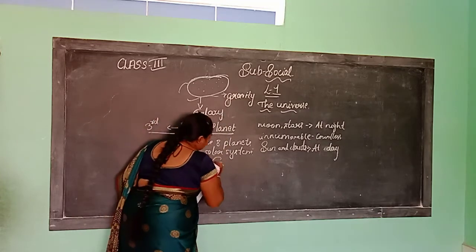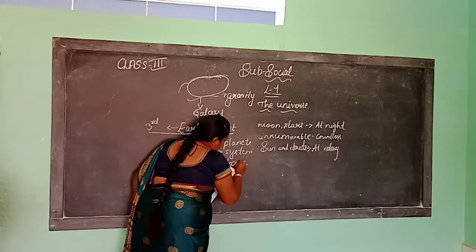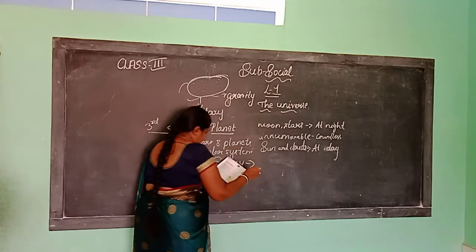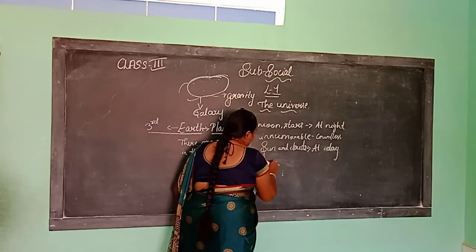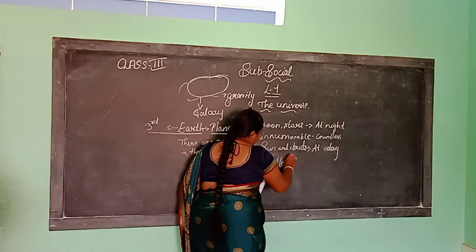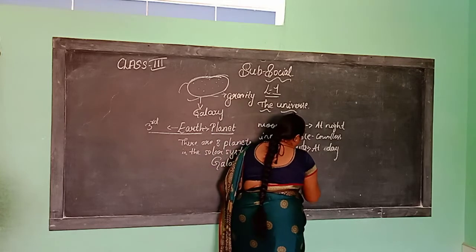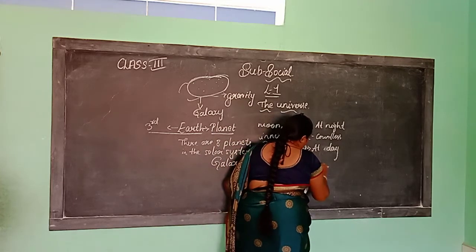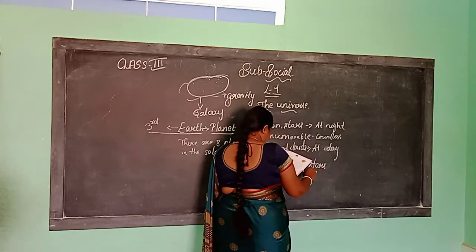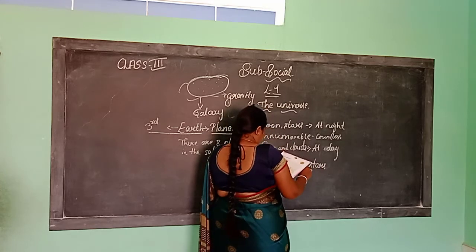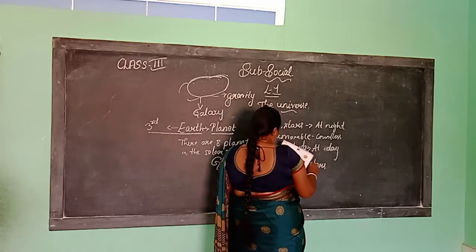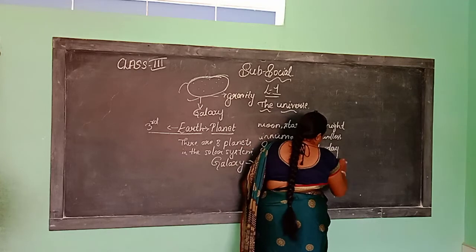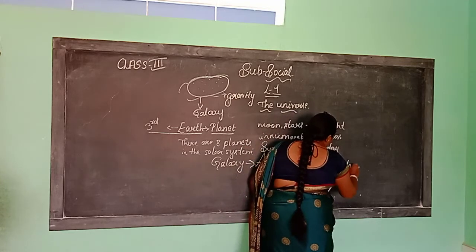What is a galaxy, children? A collection of stars and planets. Not only stars but also planets.